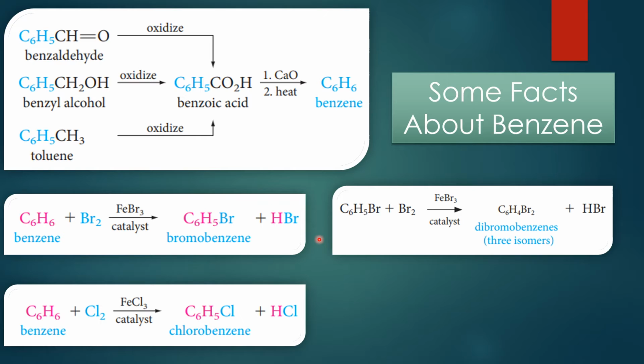Similar results are obtained when chlorobenzene is further chlorinated to give dichlorobenzenes. This fact also has to be explained by any structure proposed for benzene. The problem of benzene structure does not sound overwhelming, yet it took decades to solve. Let us examine the main ideas that led to our modern view of its structure.